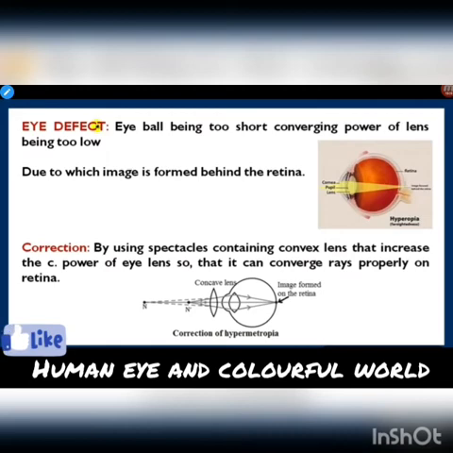Now how can you correct this eye defect? By using spectacles containing a convex lens that increases the power of the eye lens, so that it can converge rays properly on the retina.